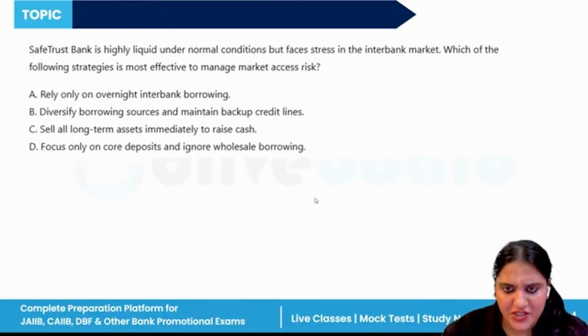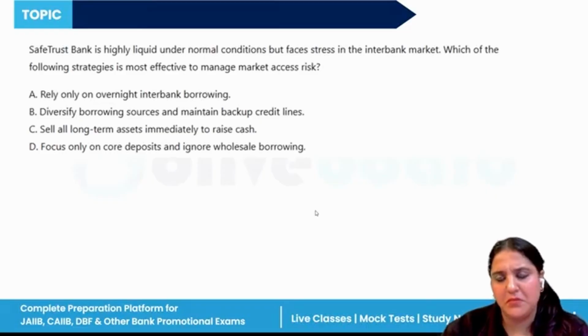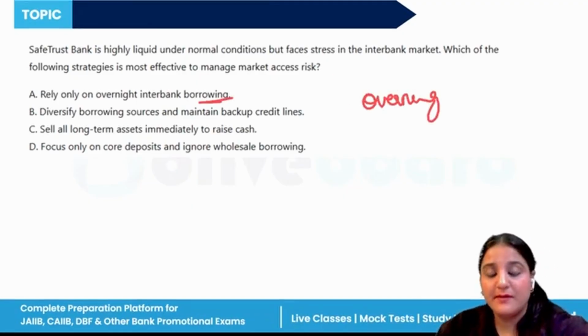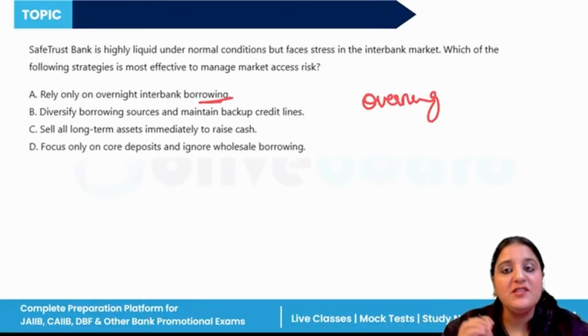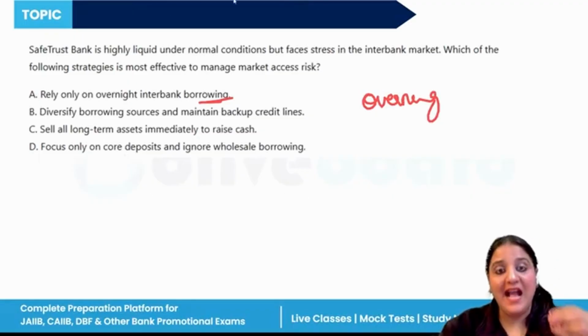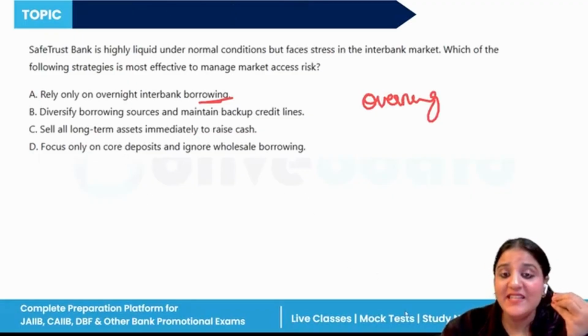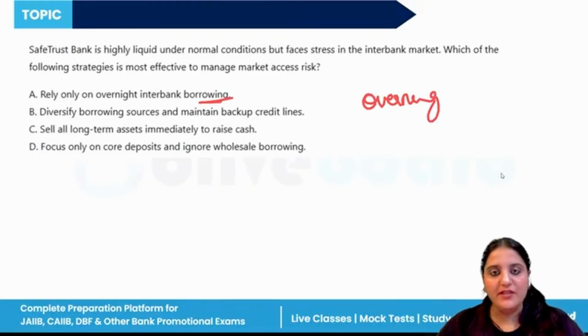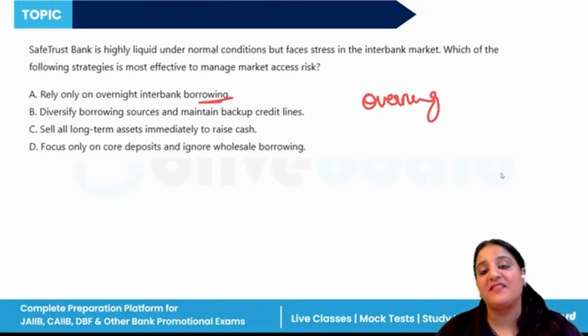Some sources may be more stable, others less predictable, as with wholesale borrowing. Also maintain relationships, because that will obviously help during crisis time. Relying only on overnight interbank borrowing is risky because a market freeze may prevent access, right? Selling long-term assets under stress may incur losses that are not sustainable, and ignoring wholesale borrowing limits the flexibility.